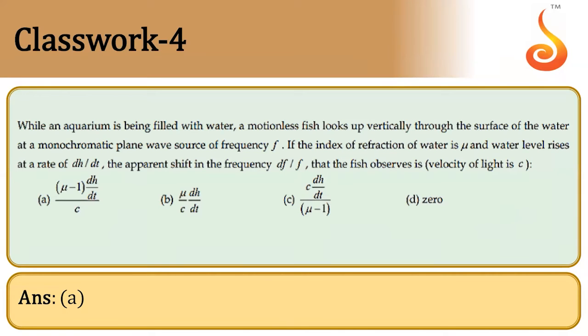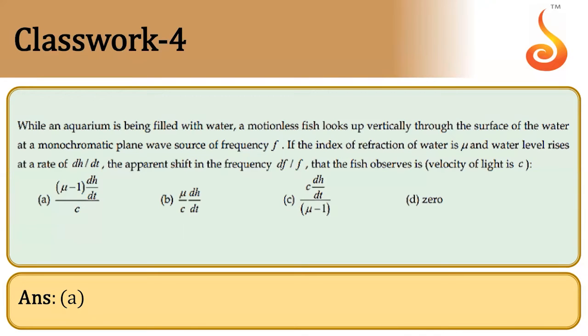This is an amazing question, but it is not a mains level question. It is an advanced level question, but let's discuss. Being filled with water, a motionless fish looks up vertically through the surface of the water at a monochromatic plane wave source of frequency f.